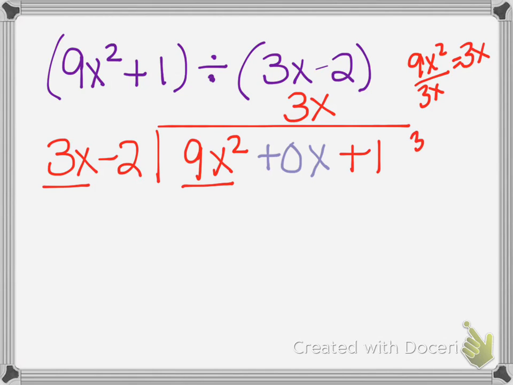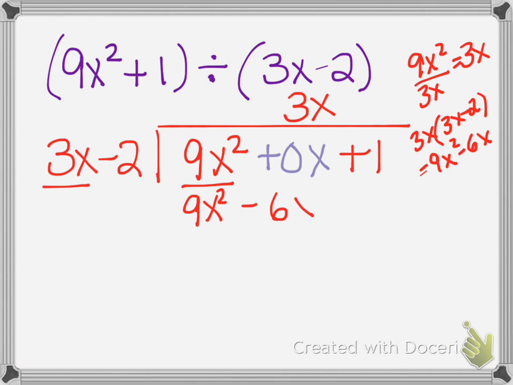And then we're going to take 3x, and we're going to multiply it by 3x minus 2, which equals 9x squared minus 6x. Parentheses and subtract. 9x squareds add to 0, and then we have 0 minus negative 6, so we're going to get plus 6x.